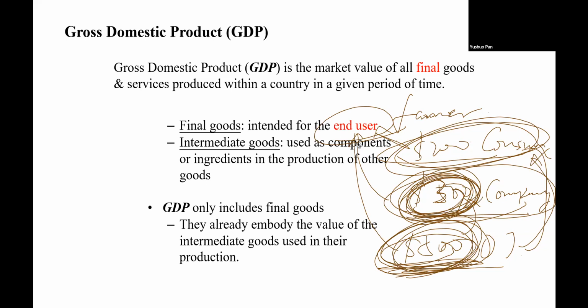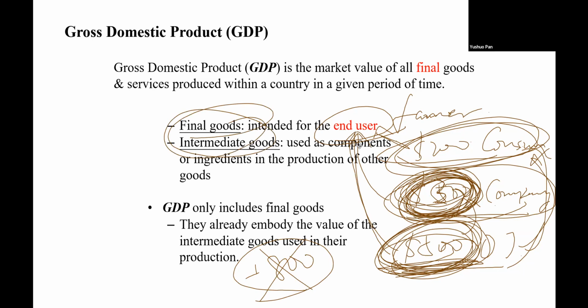If you count this $300 from the farmers to companies, and also count this $500 from companies to consumers, then the total GDP would be $800. That's incorrect because you count this 300 twice. So only the end goods or the final goods. All right.